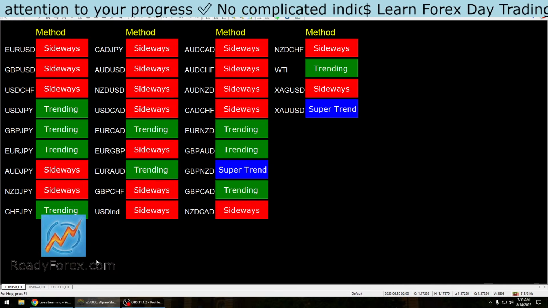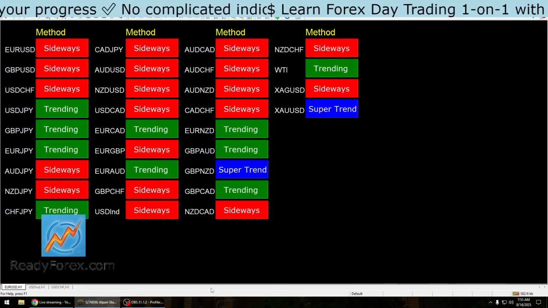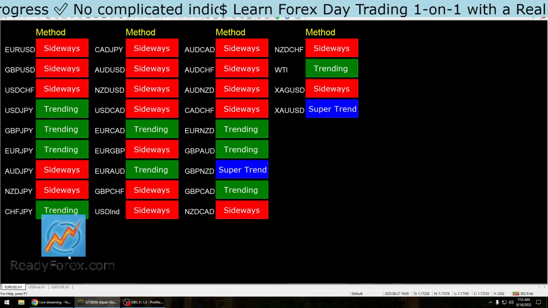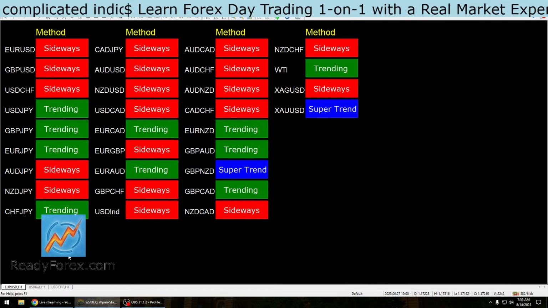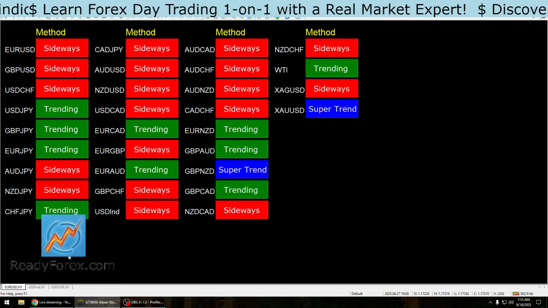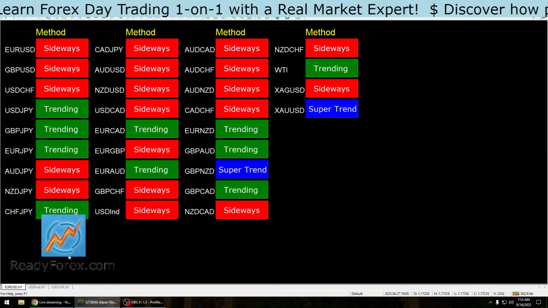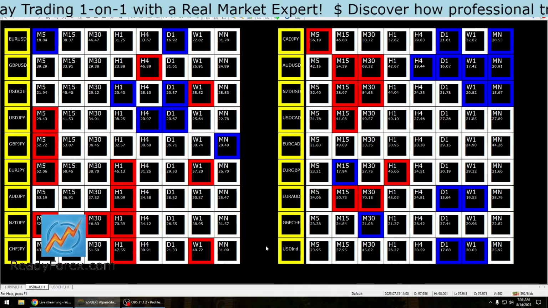Okay, let me refresh it. Okay, it seems to me the suggested trend method is sideways for euro dollar, pound dollar and USD Swiss franc currency pair. Okay, let's see what's going on in other stuff.